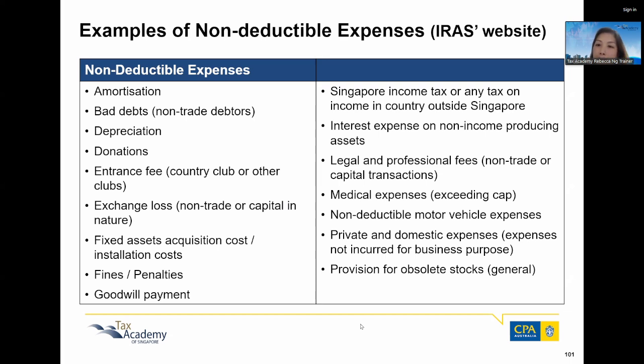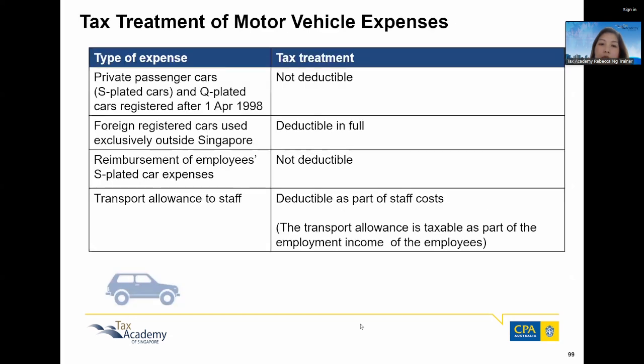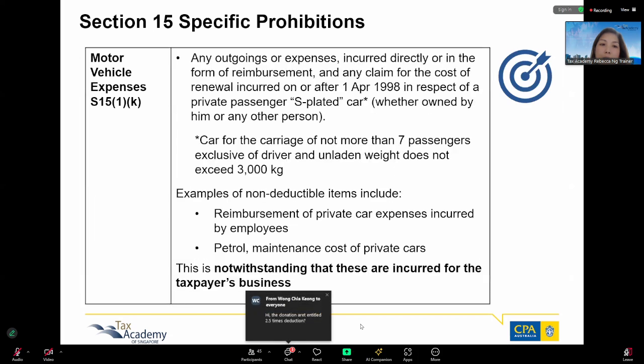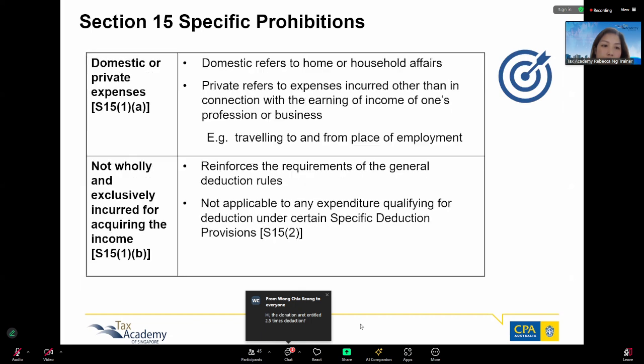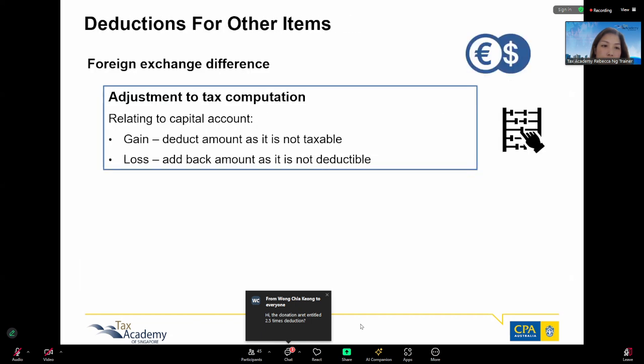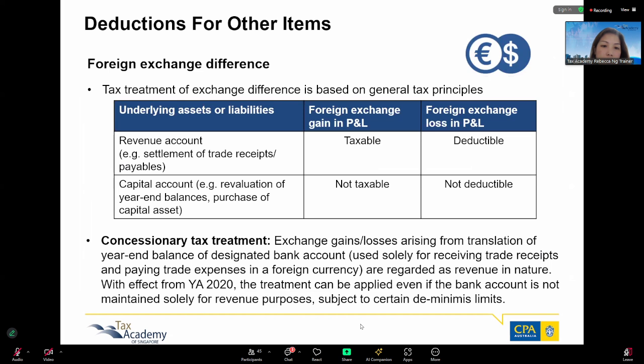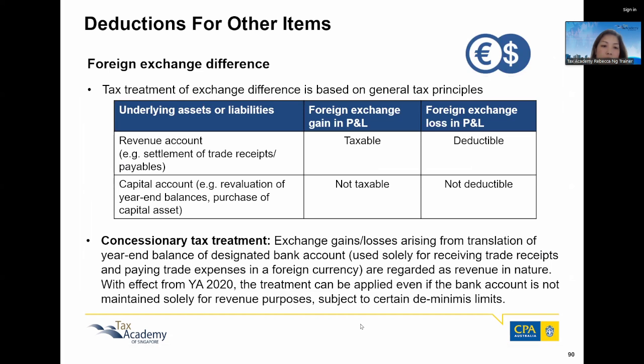Can you repeat the de minimis rule on the foreign exchange differences? Okay, foreign exchange. There are certain guidelines on the amount. Generally, bank accounts are considered as capital. Why?